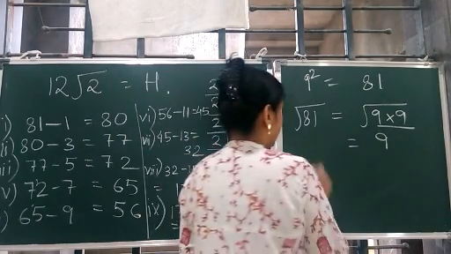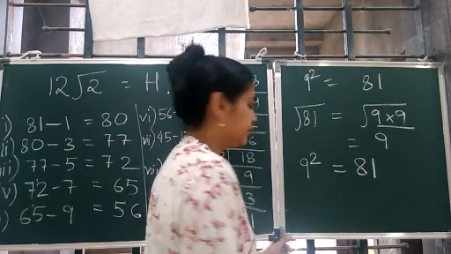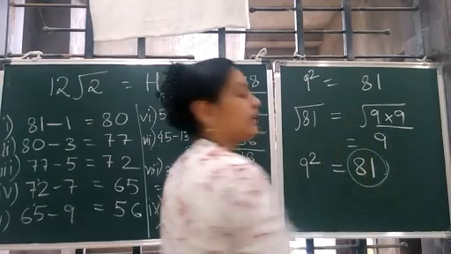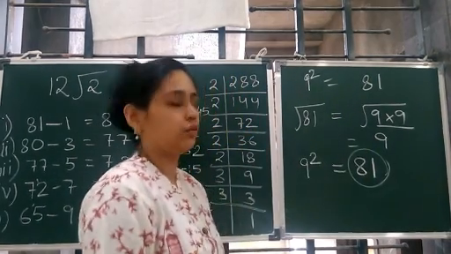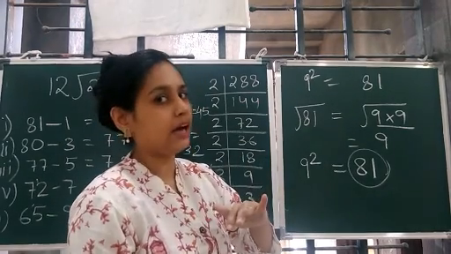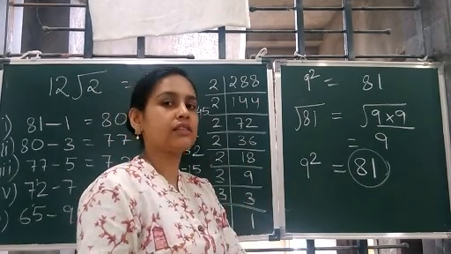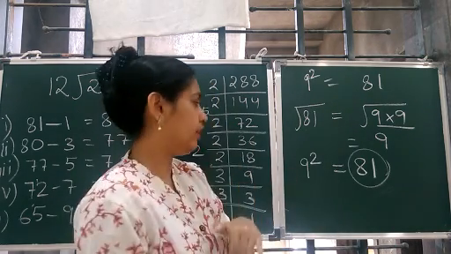So what can you say? 81 is the square of 9 and 9 is the square root of 81. So square root and square numbers are connected. One is known as the square of the other and one is known as the square root of the other.